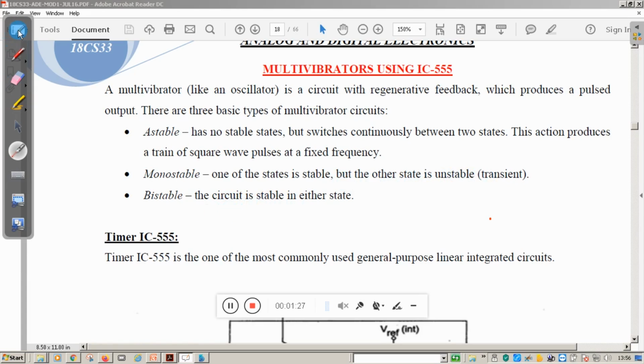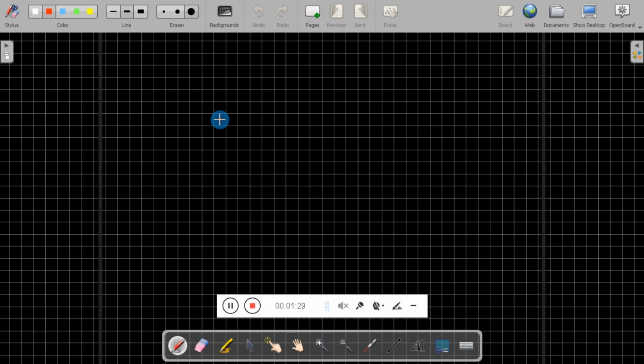Now, an astable circuit switches from one state to the other state, like 0 to 1 and 1 to 0. You will get a square wave type of waveform at a fixed frequency.